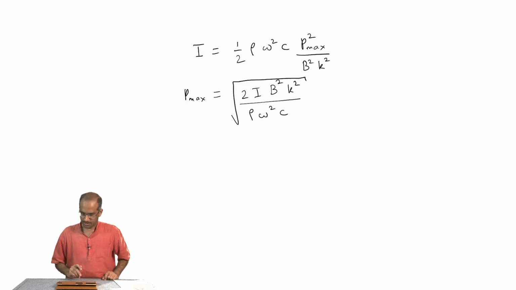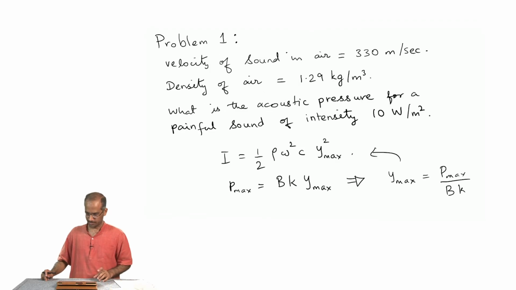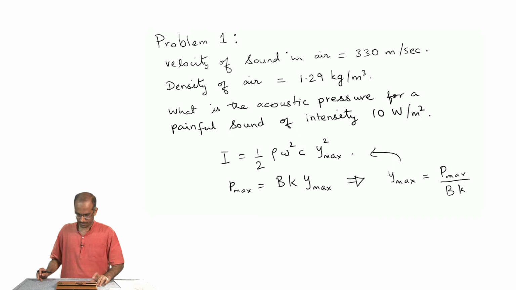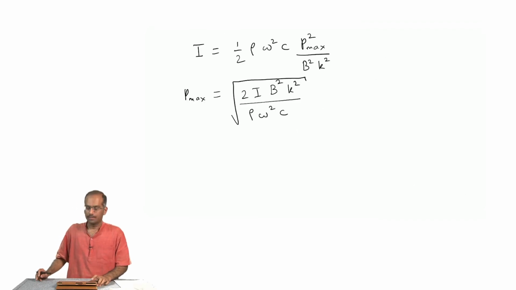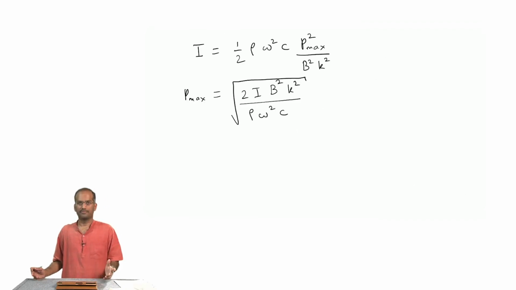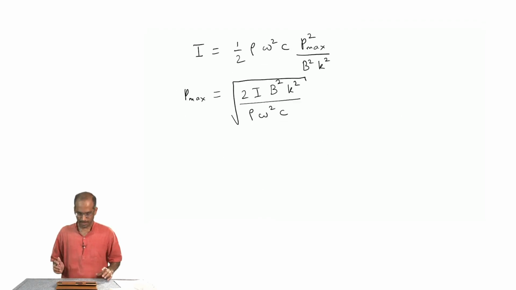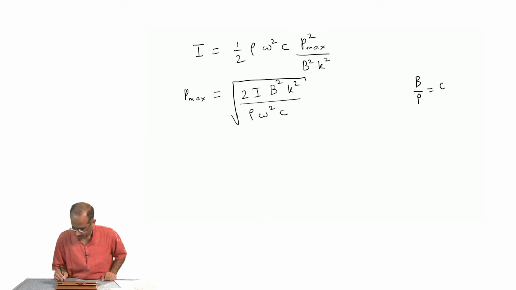But you will notice that we do not have all the information that is needed for this formula. For instance, we are not told what is the bulk modulus and K, the wave number. So, we do not have all this, but clearly there has to be a way out. The point is to recognize that B by rho is equal to C square.